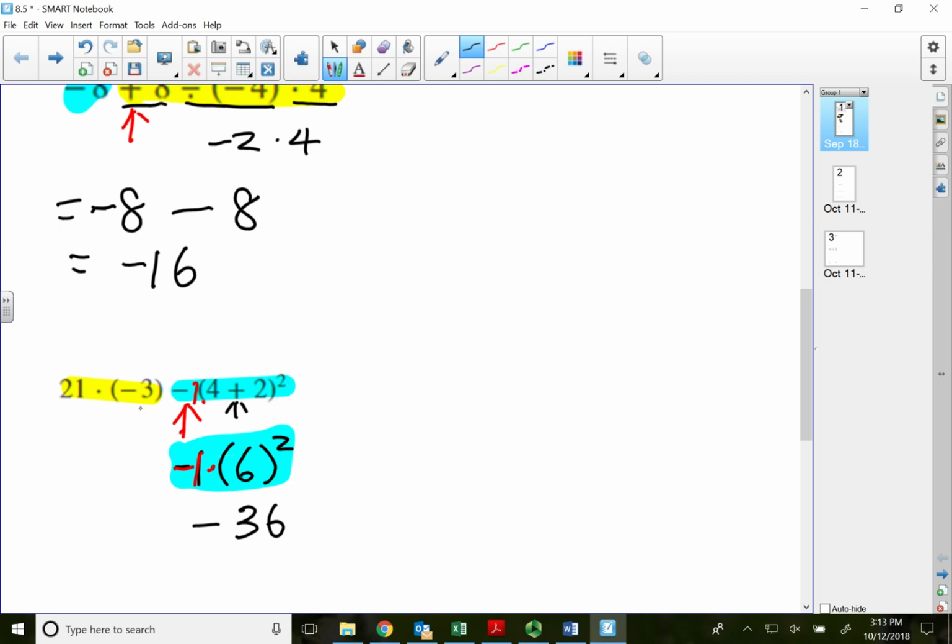My first term, in yellow, there's only one operation, which is 21 times negative 3. So positive times negative is negative, which is actually 63. So now these two terms have the same sign, so we will add. My answer is going to be negative 99, right? Negative 63 combined with negative 36, my answer is negative 99.